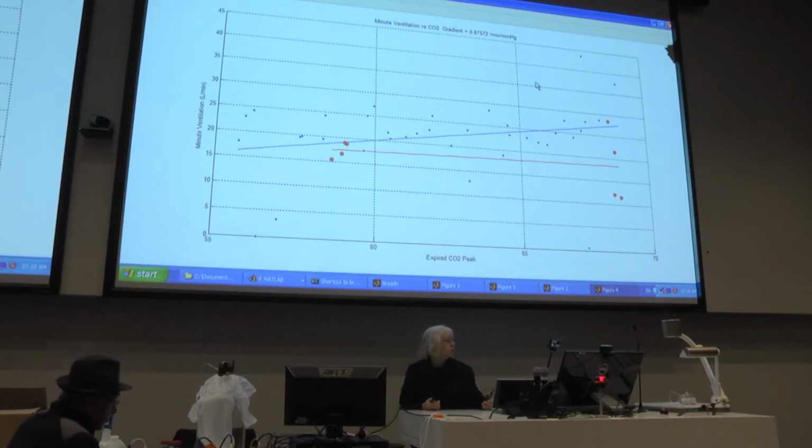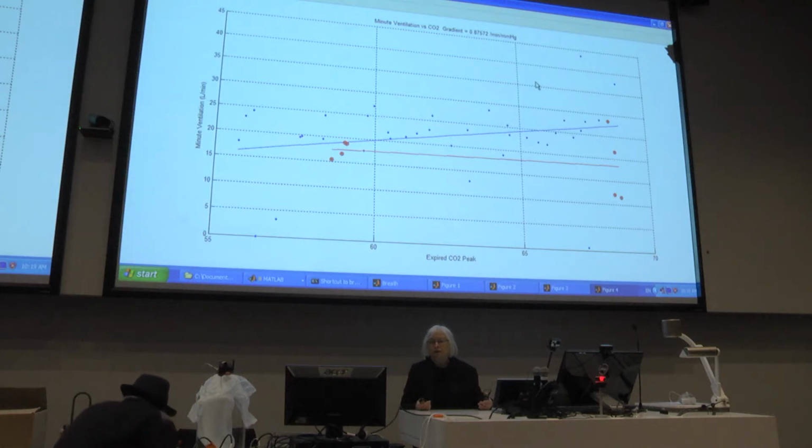Now, this is a problem with anyone who's got airways obstruction. Their muscular effort may not be enough to maintain adequate ventilation to bring in oxygen and get rid of CO2.